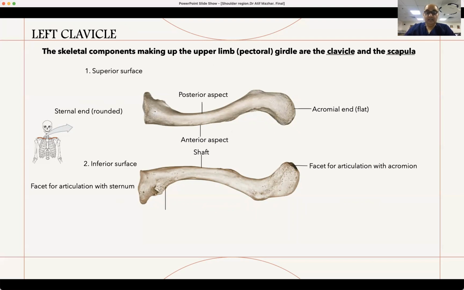And there you can see there is an impression. This impression is for attachment of my costoclavicular ligament. And there is a raised area, the conoid tubercle, and there you can see a line, the trapezoid line. These rough areas are for the attachment of the ligaments.